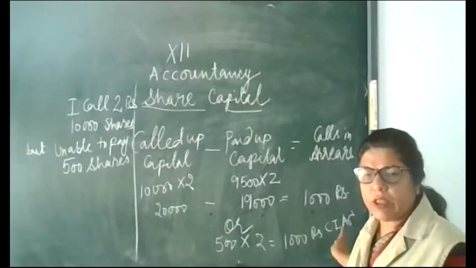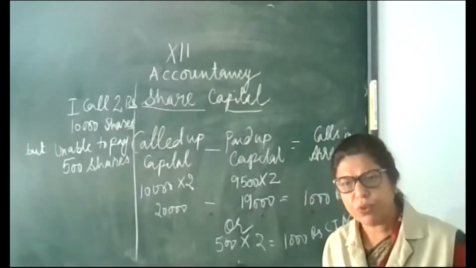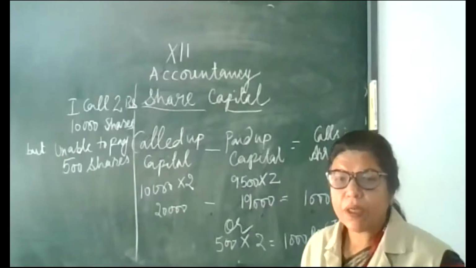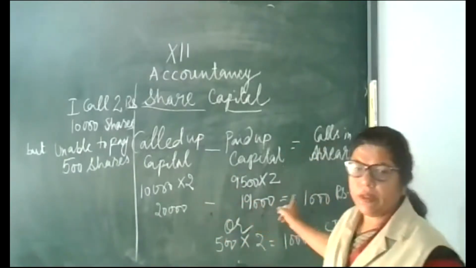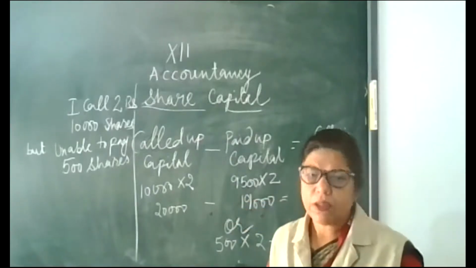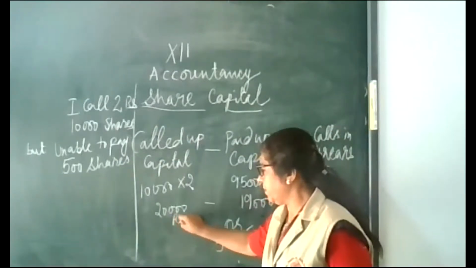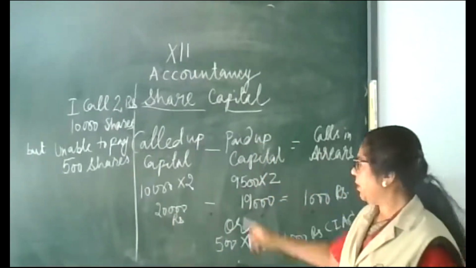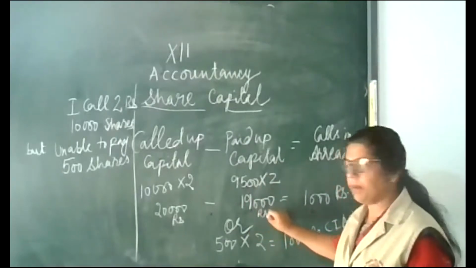I'm sure this method will be easy for you. But in an exam, if the question is a fill in the blank, it will have to be done this way. Called up 10,000 into 2, 20,000 rupees. Paid up 9,500 into 2, 19,000 rupees.